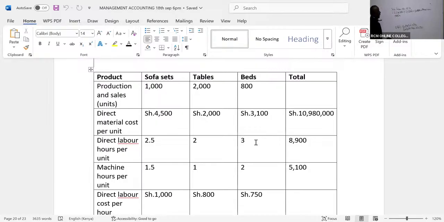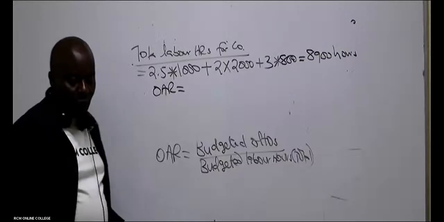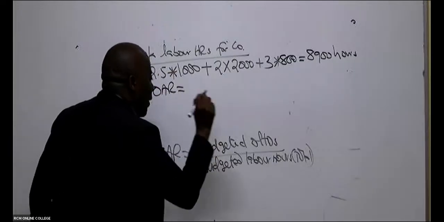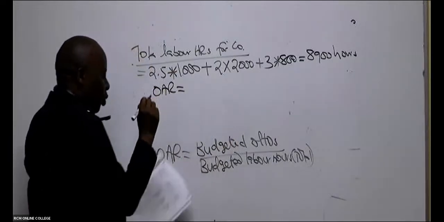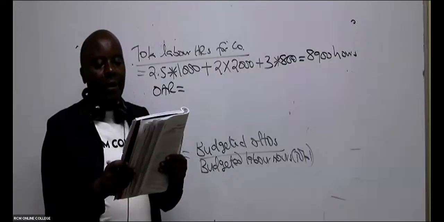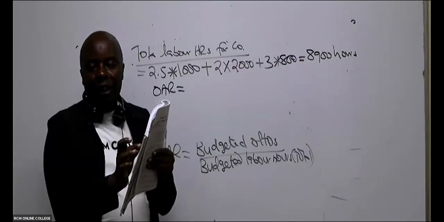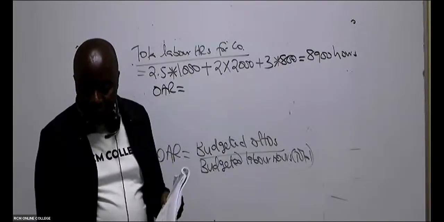So our OAR will be, ladies and gentlemen, what here now? Our OAR will be equal to our budgeted overheads total. Go to that table, the total that I'm able to see from that table, budgeted overheads are 5340.